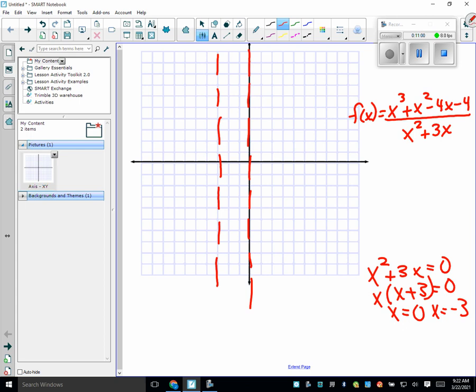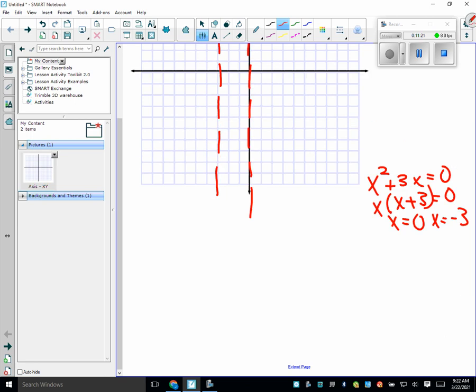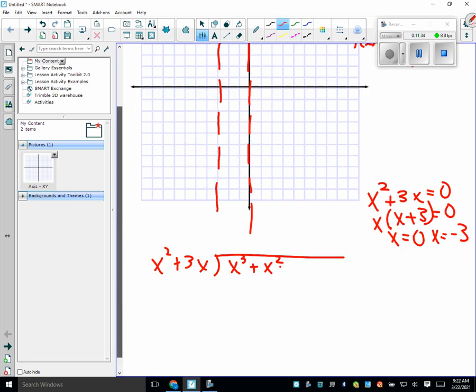Does it have a horizontal asymptote? No. Does it have a slant? So I have x squared plus 3x, and I have to divide it into x cubed plus x squared minus 4x minus 4.